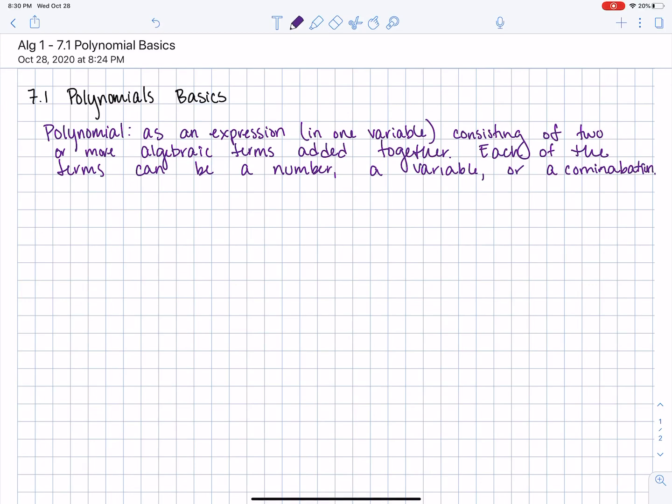Now, something to note about polynomials is that we always write polynomials in what's called standard form, which means, so I'm going to go ahead and underline that for you, standard form, which means that the exponents of the terms are in descending order.